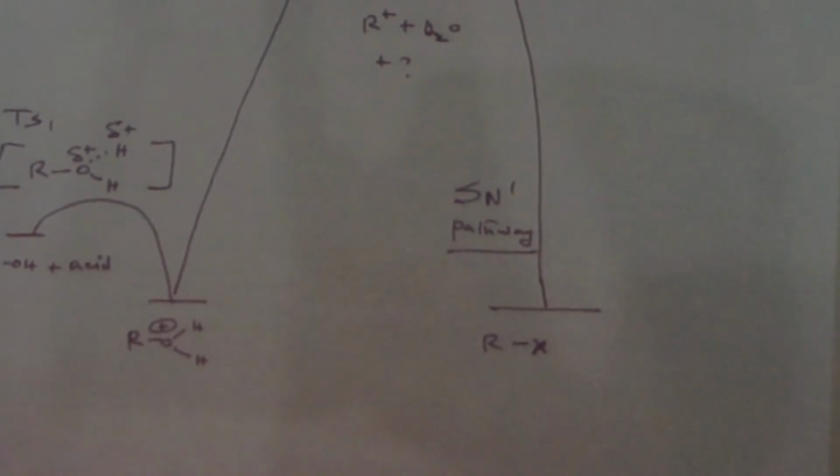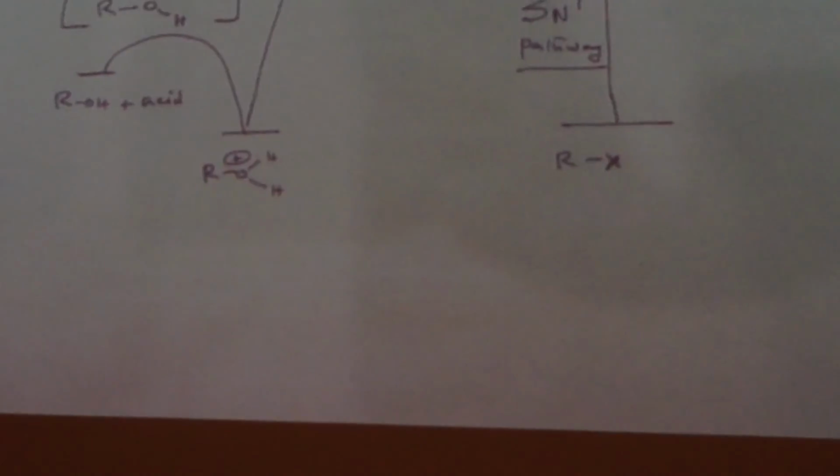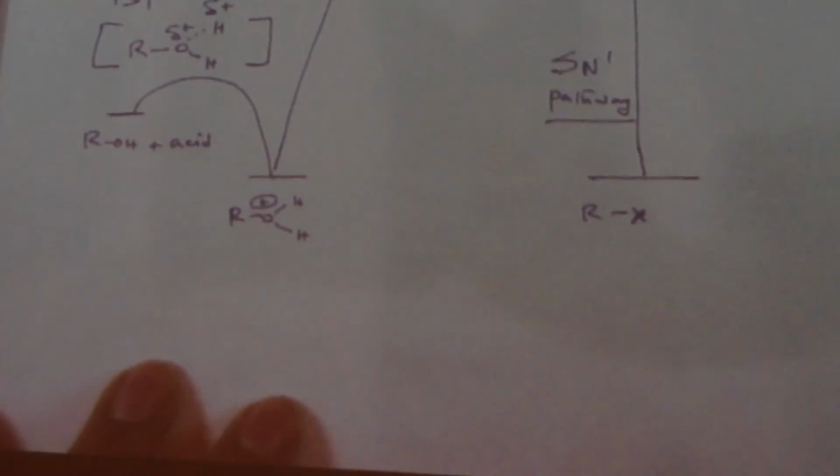And again, you can draw the transition state, the third transition state in this case. This is TS2, and this would be TS3. You can draw based on the bonds that are forming and breaking. In this case, the bonds are forming only with R plus. So you write dot dot dot X. All right, SN1 path.